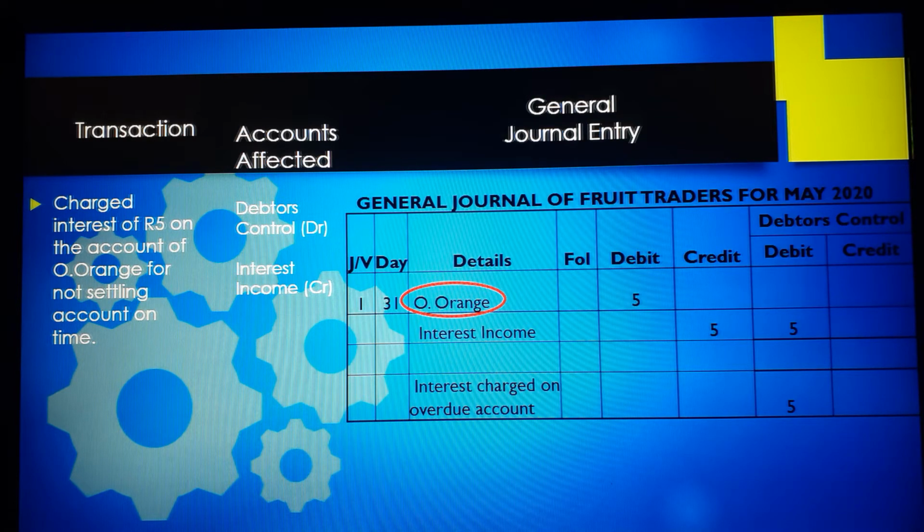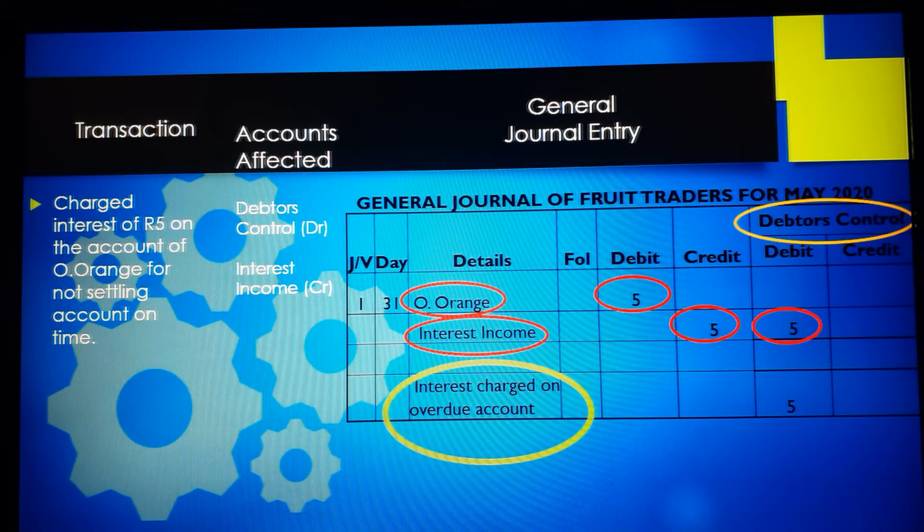So again, we start with the name of the debtor, which is O Orange. He is debited. Our interest income is credited. Okay, so that gets entered into our general columns. And then because debtors control is affected, we also use the debtors control column where we debit the debtors account.